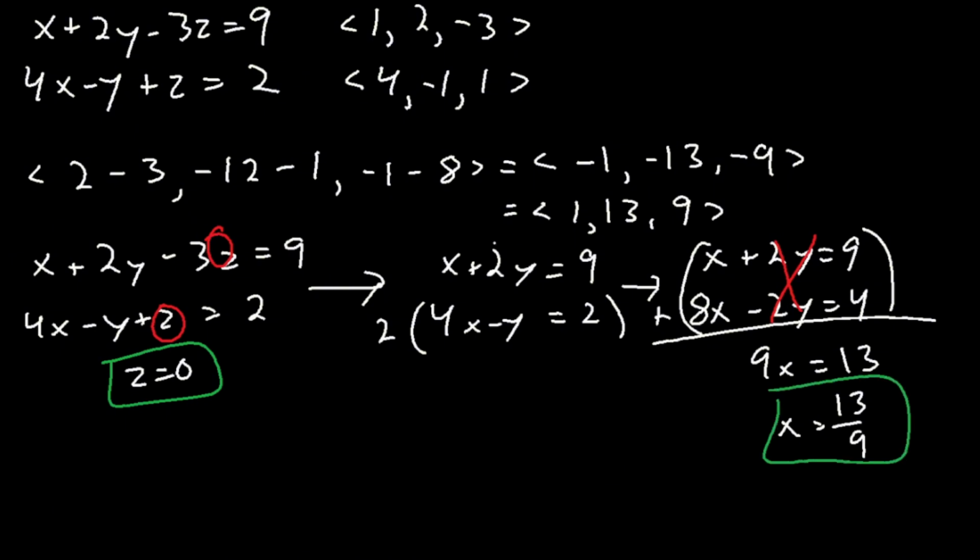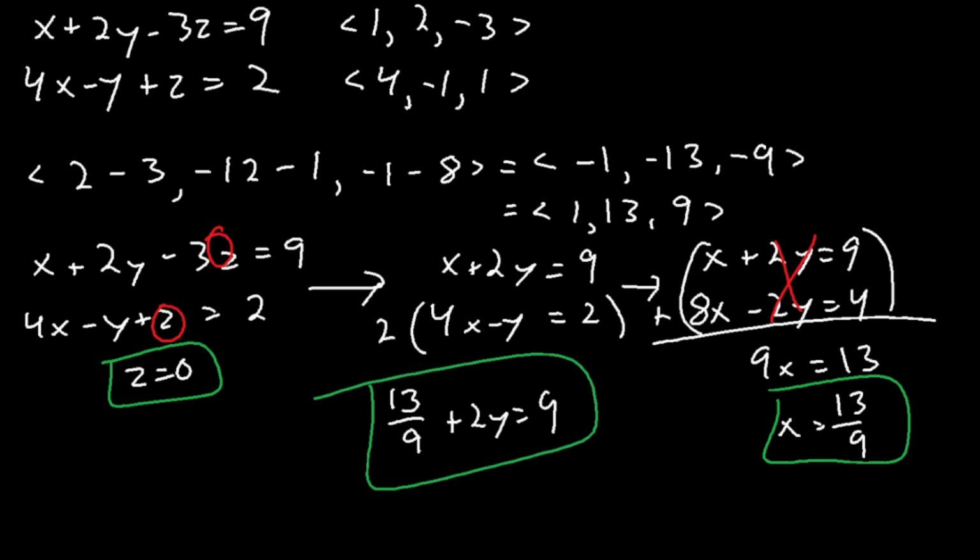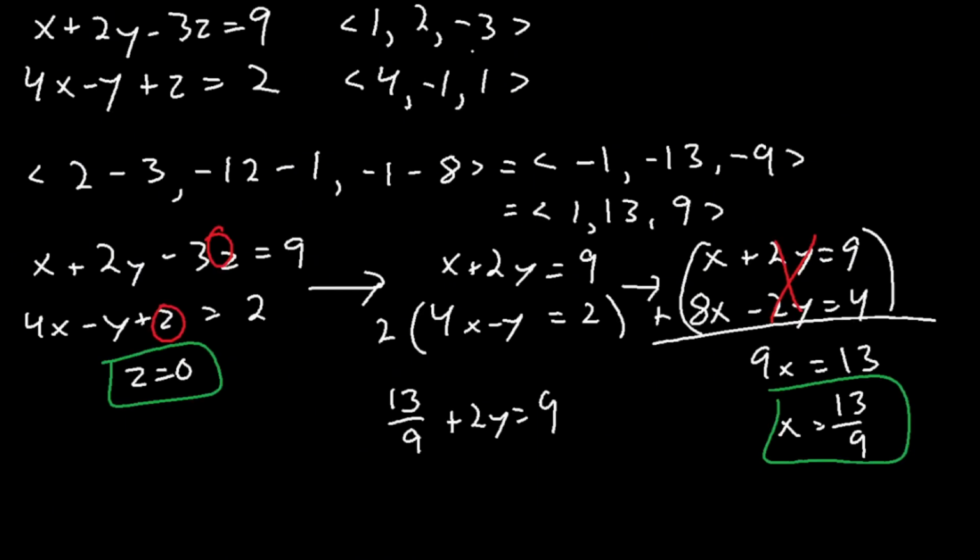And let's plug in x equal to 13 over 9. Let's just use the top one. 13 over 9 plus 2y is equal to 9. Okay.